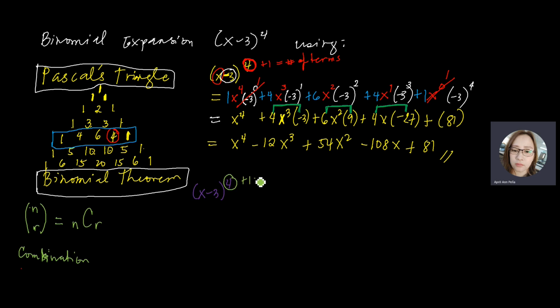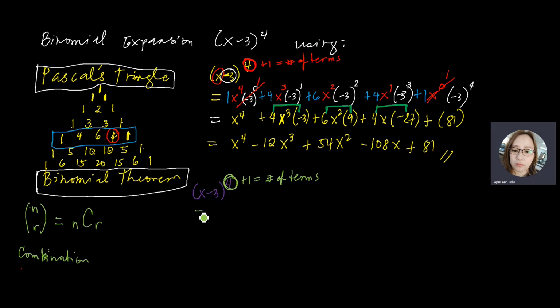So you add 1, you're going to have the total number of terms. So it means we're going to have 5 terms. And then this 4, you're going to write this combination 4 times plus 1. So that is actually 5 times.